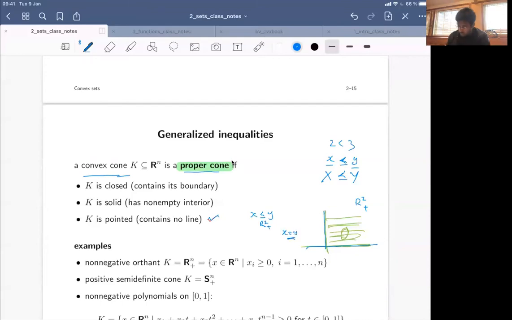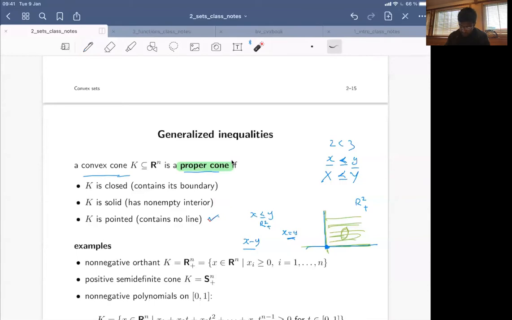Then x minus y has to be this point, right? So if the boundary is not there, you cannot define equality here. I'm not giving you the complete picture, this is some hint. Also, non-empty interior.